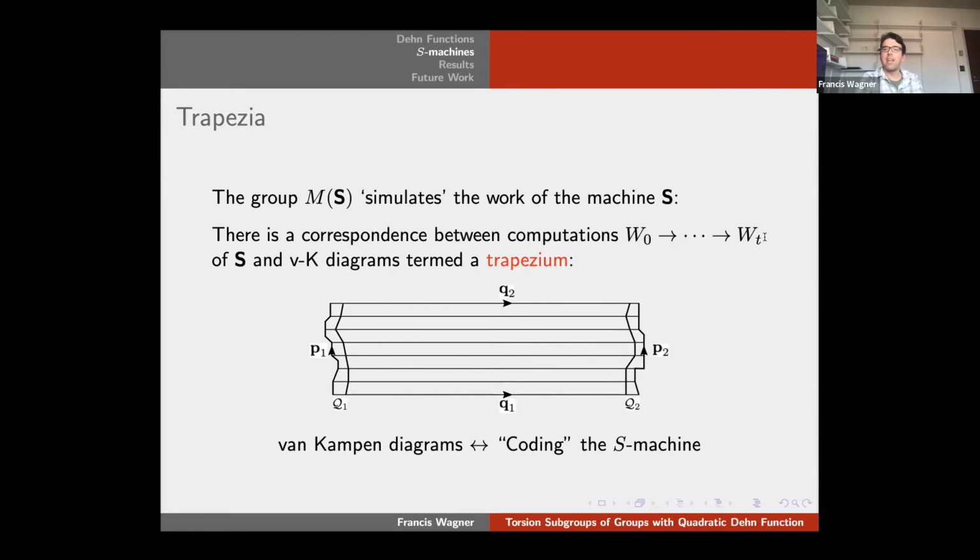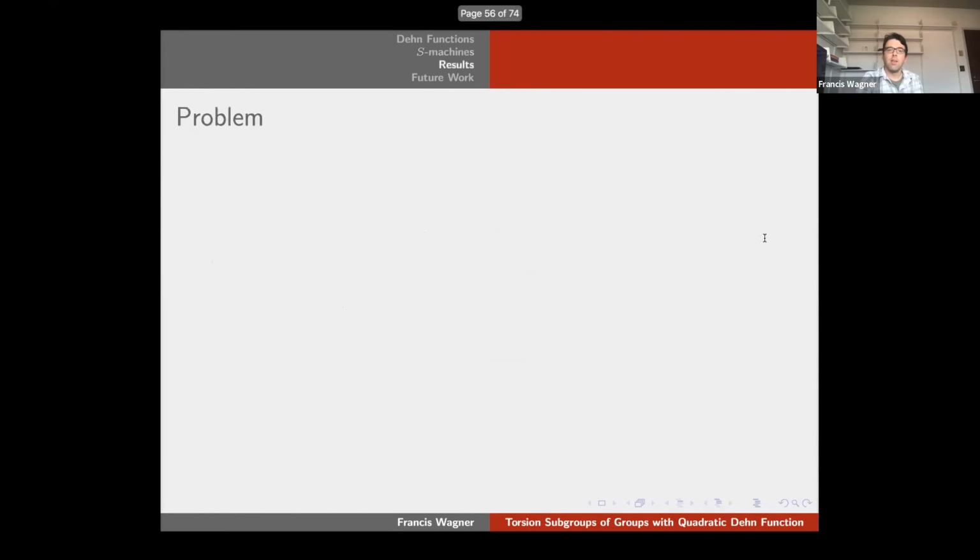So I can understand things about the Van Kampen diagrams by how I construct the S machine. I kind of look at it as coding the S machine. All right, and in fact, just being able to code the S machine ends up producing some pretty fruitful results.